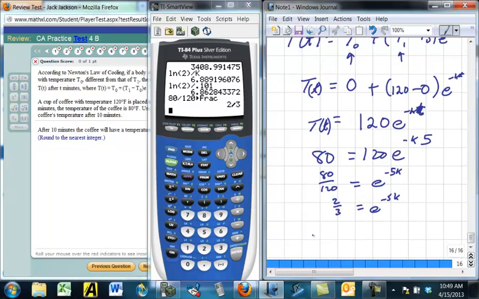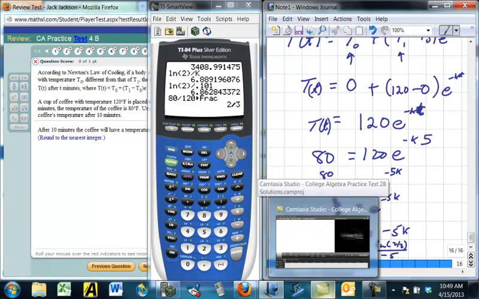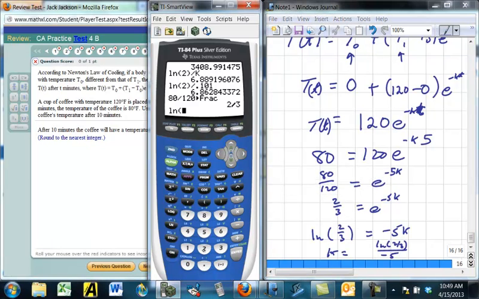Rewrite as a logarithm. The natural log of 2/3 is negative 5k, so k is natural log of 2/3 divided by negative 5. Okay, so natural log of 2/3 divided by negative 5, and again I'm going to store that as k.